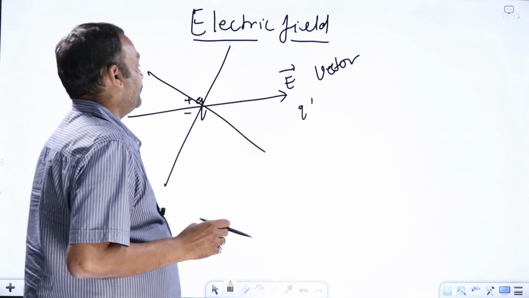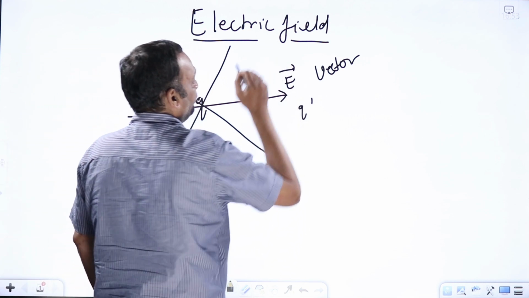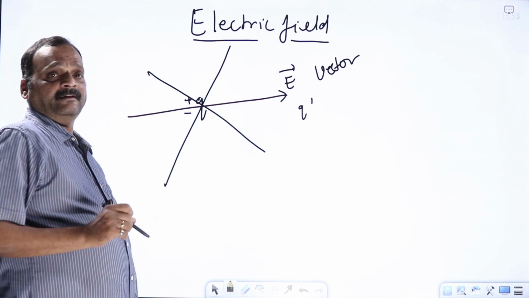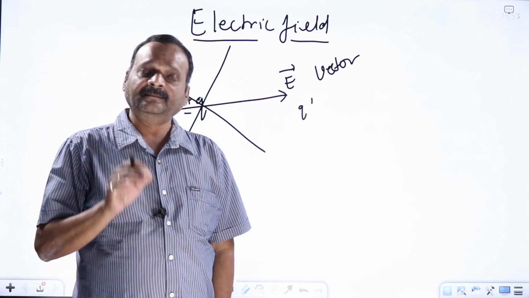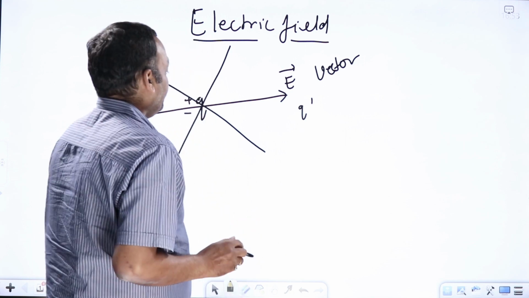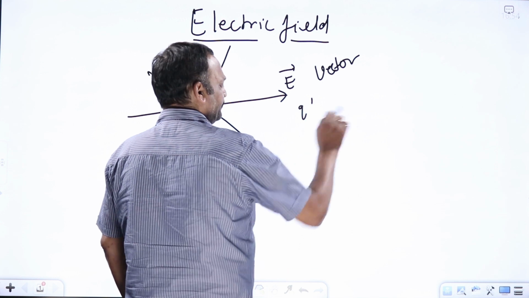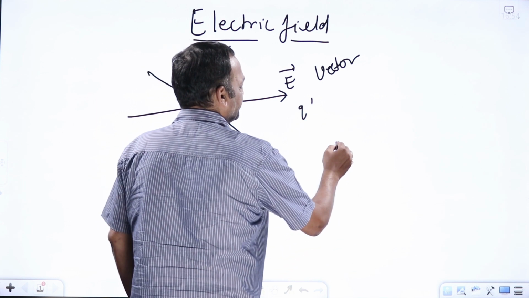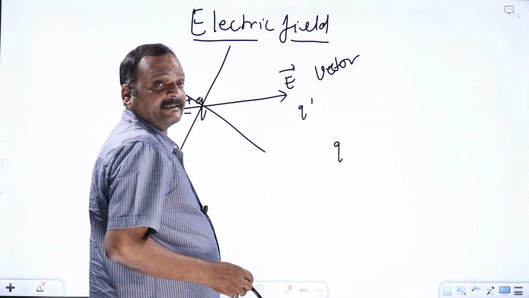Right, now what is the magnitude of that electric field? What is the direction of the electric field? We can find that. It's known as intensity of the electric field or simply electric field. Now what is that? There is some electric field in some region. I'll place some test charge Q here, and I'll measure what is the force acting on that charge.